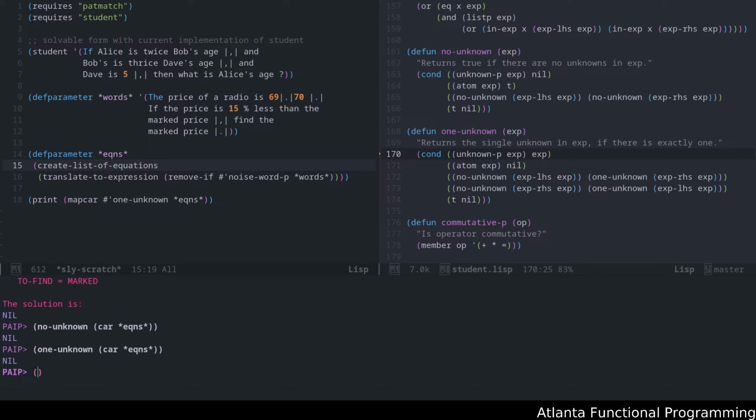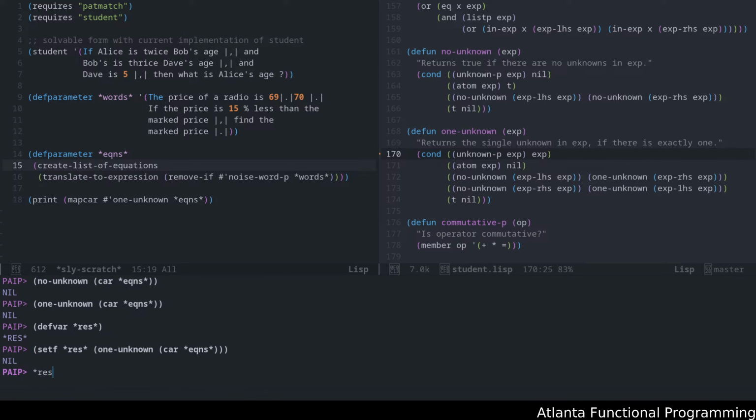Let's try another thing. Let's do defvar res. And let's see if we do a setf on res one unknown, which says that it's returning the expression that it's doing. We should get the unknown.